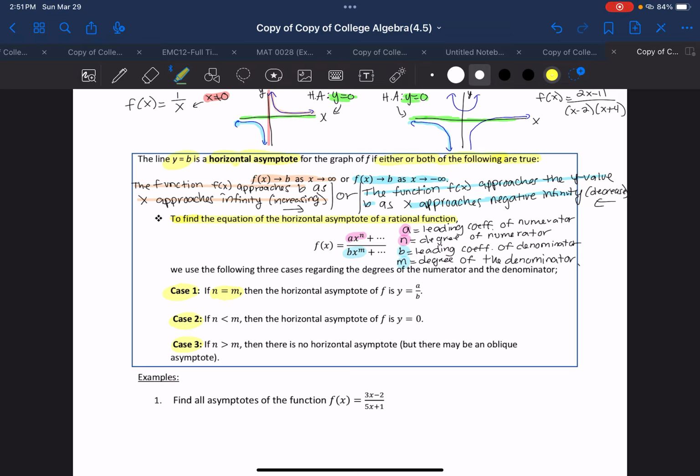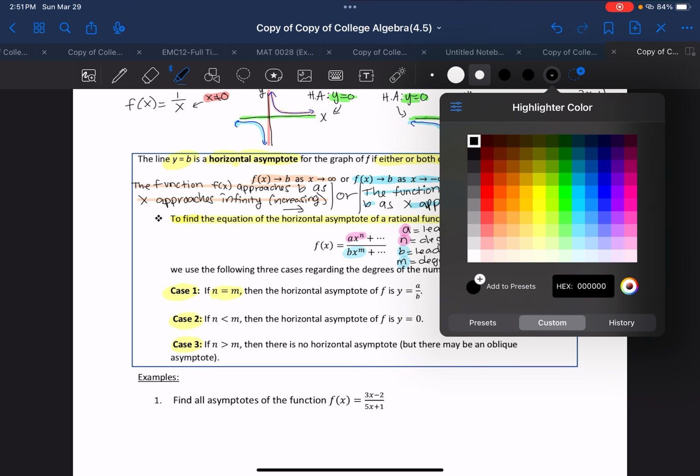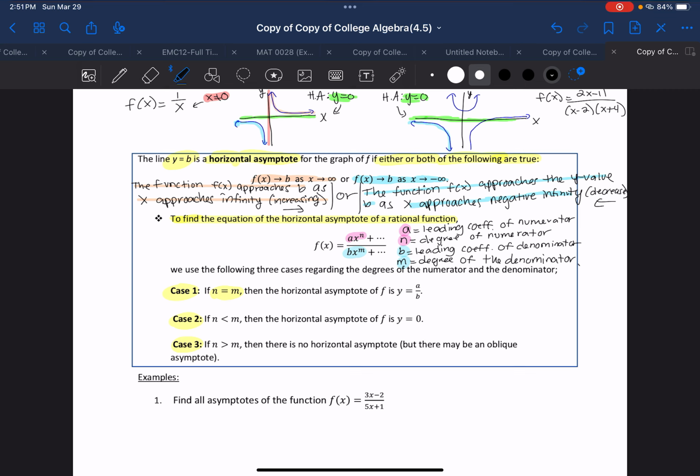If they're the same degree, then the horizontal asymptote is given by the equation y equals a over b, which is the leading coefficients. One way I remember that is if the degree is the same on the top and the bottom, then it'll be the same thing that you see right in front of the variables, a over b. I'm going to show you an example of that.